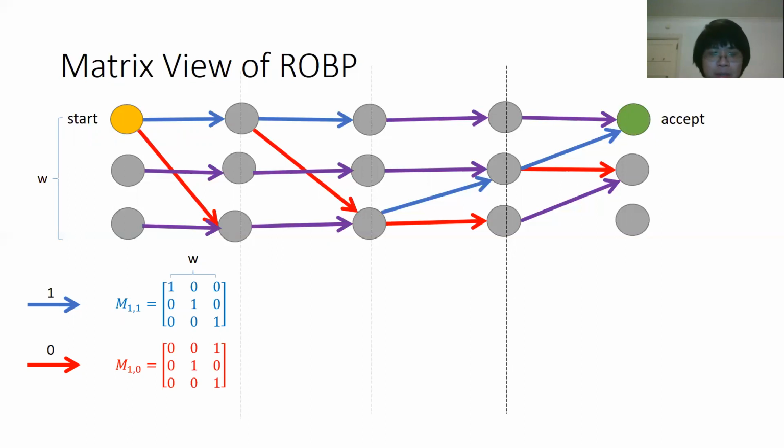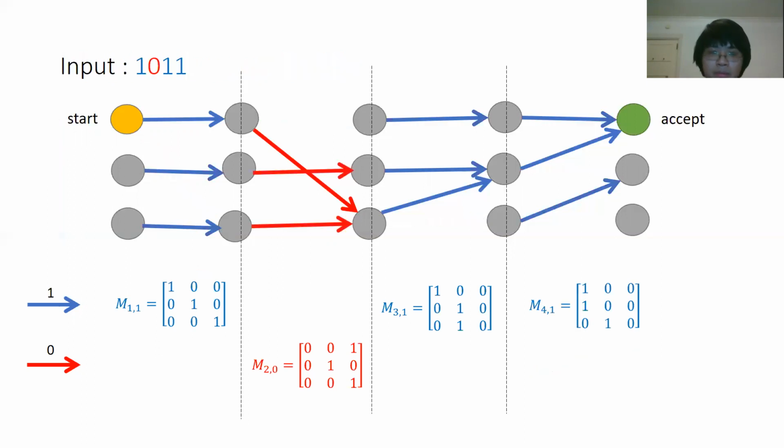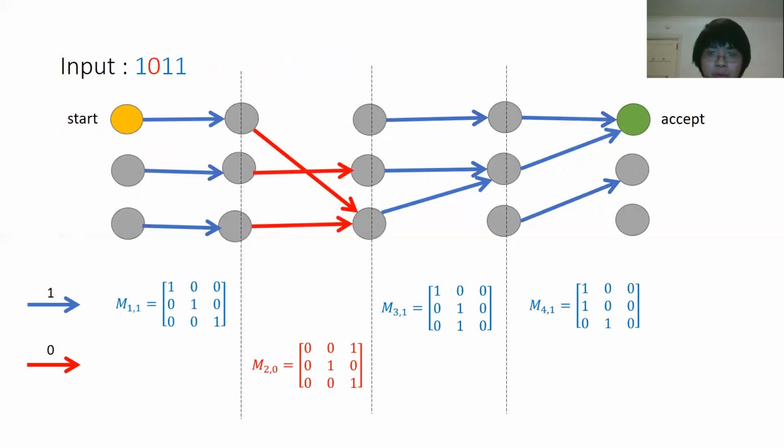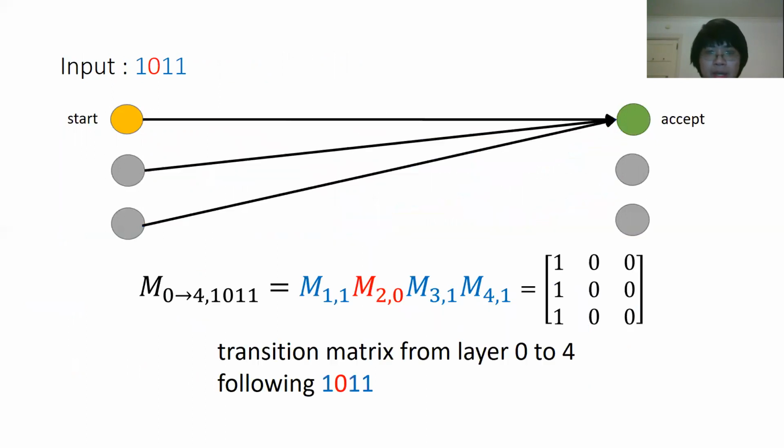And similarly, we can construct matrices in the second and the third and fourth layers. And so these matrices together will fully encode this branching program. For example, given the input 1011, and if we only consider the transition matrix corresponding to this input, and we take the product of these matrices, we will actually get the transition matrix from the first layer to the last layer.